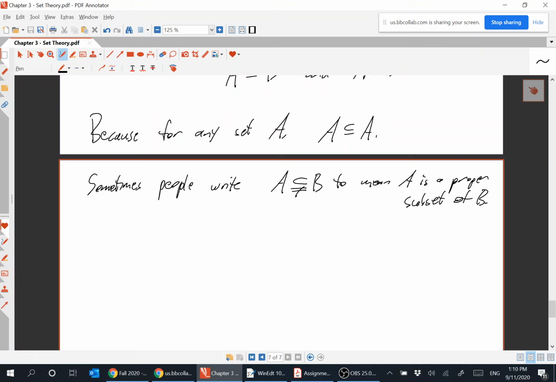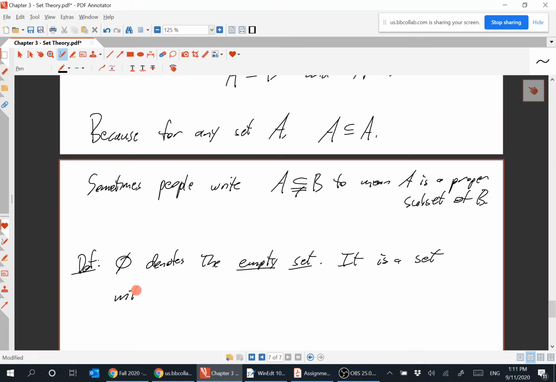So, definition. When we write this thing, a circle with a line through it, this denotes the empty set. It is a set with no elements at all.